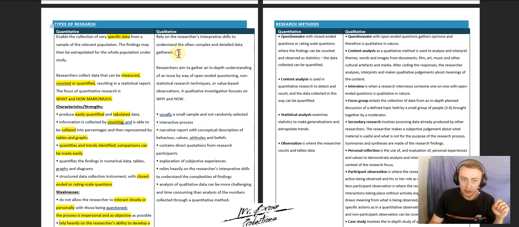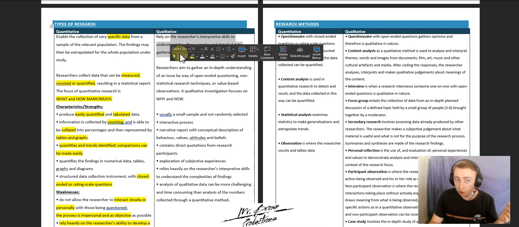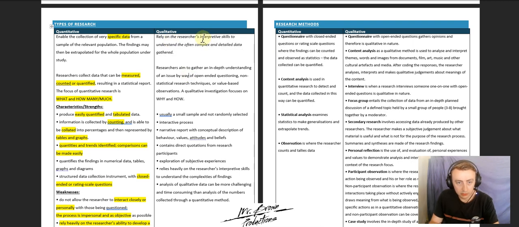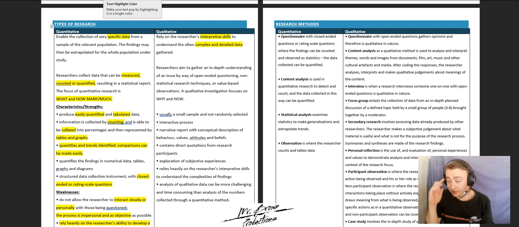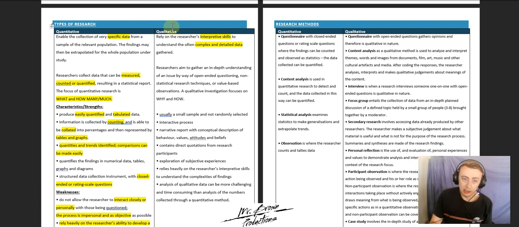This relies on researchers' interpretive skills to understand complex data. That's what qualitative research is about. The word I want you to associate with this one, if you want to draw a little arrow above here, is the word quality.